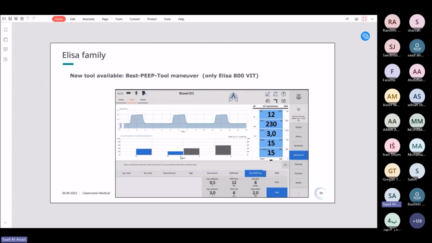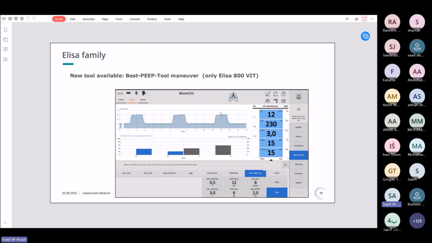As you see here, continuing with the new features, we have something called the best PEEP tool. Here, from the maneuvers, we have something called the best PEEP tool or the PEEP finder. It's a great tool for measuring the optimal PEEP by measuring the pressure volume loops. How can you measure the pressure volume loops?